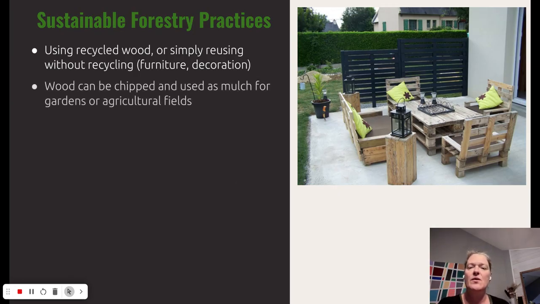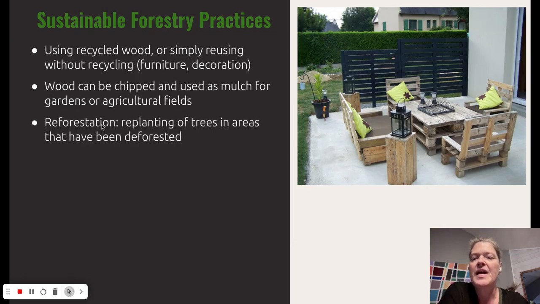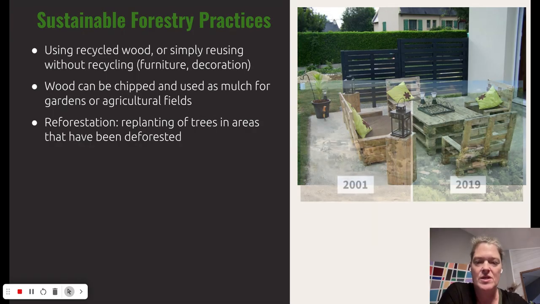So that's one way that we can upcycle, so to speak, wood instead of cutting down more trees or using more forest. Wood can also be chipped and used as mulch for gardens and agricultural fields, so that's one way to reuse that wood. And then we can also reforest or replant trees in areas that have been deforested.